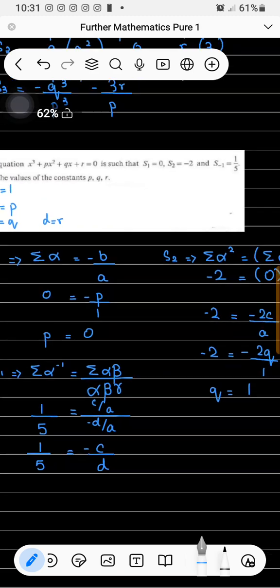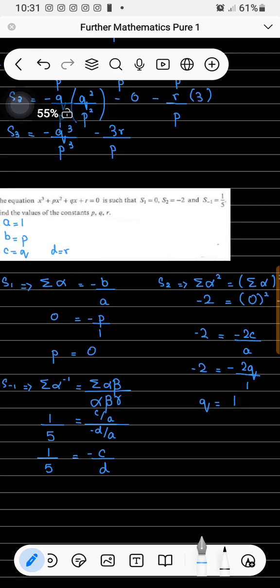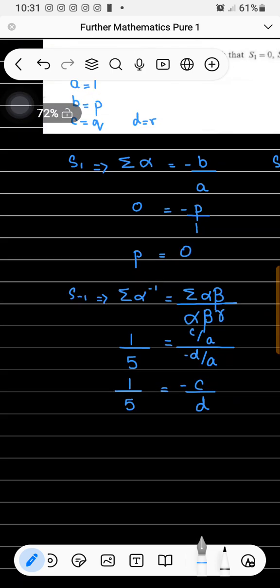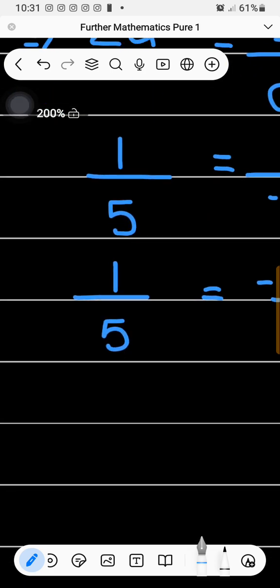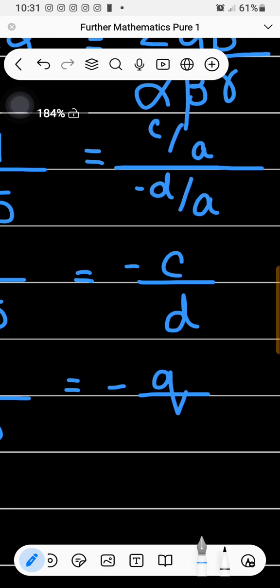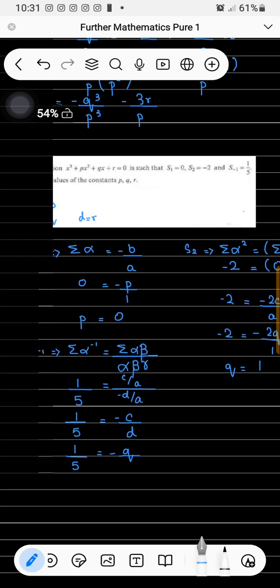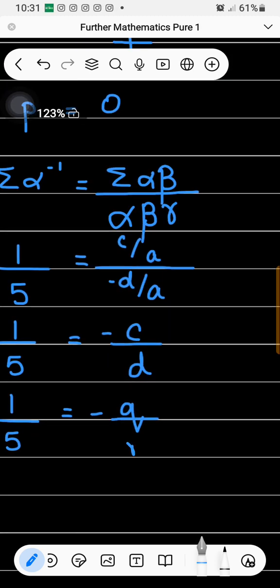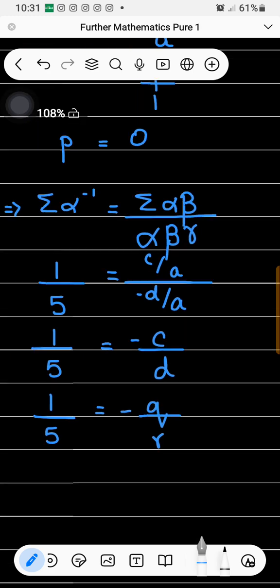The c we had found out, c is basically q, and d is r. Let me write it in that form: 1 upon 5, c is q and d is r.